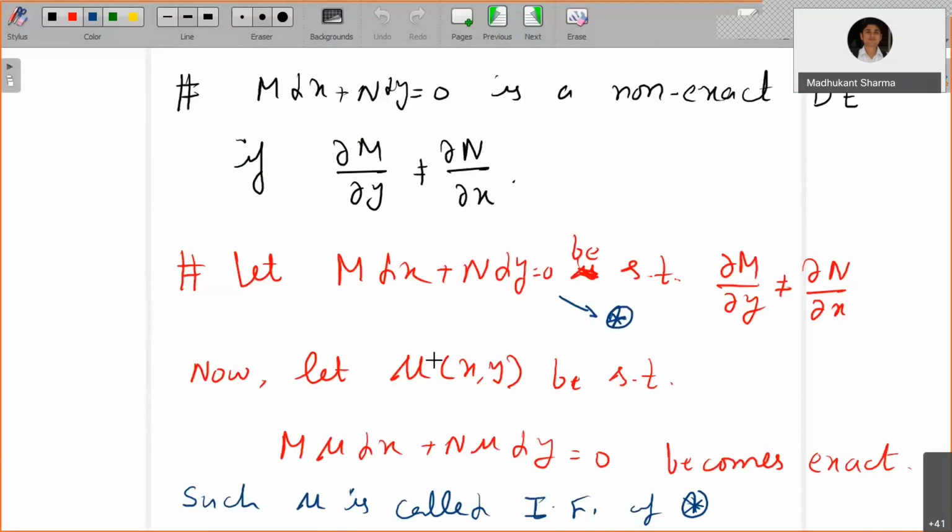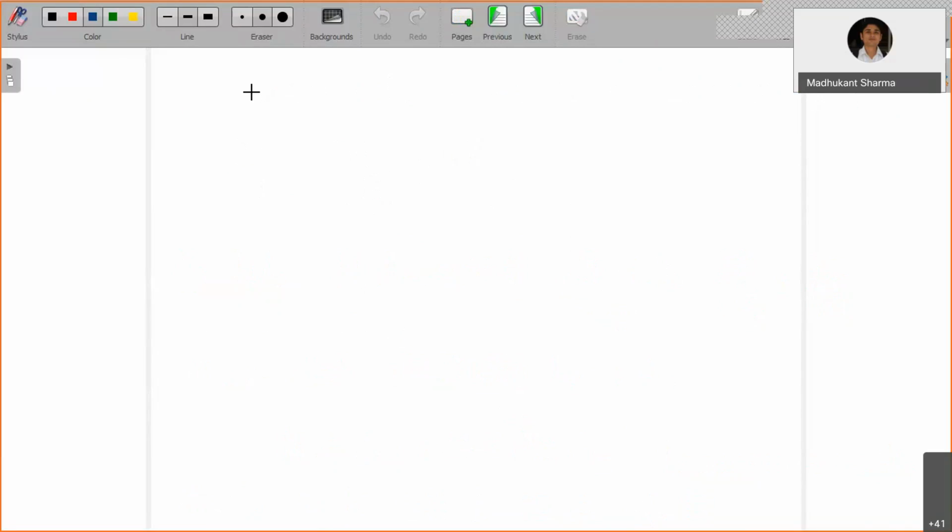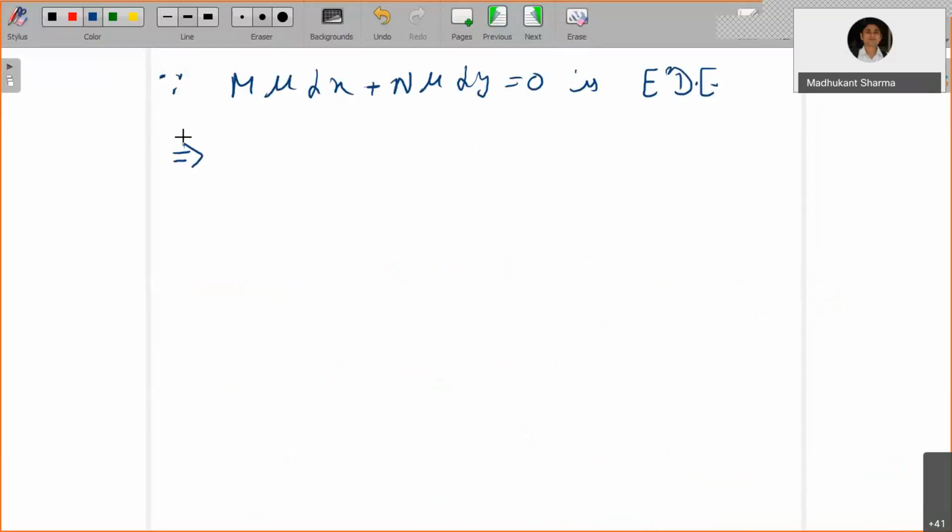Okay, now once we have stated that after multiplying by mu this becomes exact, what does exact mean? Let's derive this a little further. Since M mu dx plus N mu dy equals 0 is an exact differential equation, this holds if and only if the partial derivative with respect to y of the dx coefficient is the same as the partial derivative with respect to x of the dy coefficient.